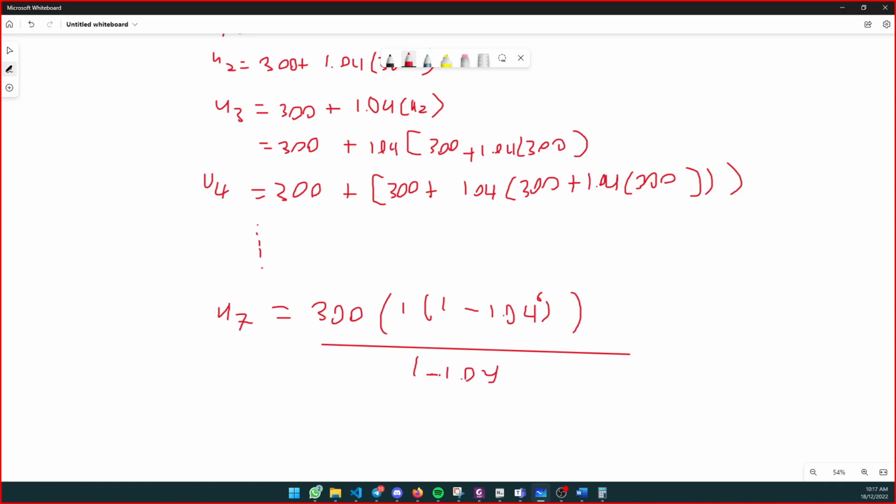I think this formula is given already in your exam paper, right? I don't have to explain this formula, right? Okay, this one is given in your formula paper. So that's 300 over 6.633.